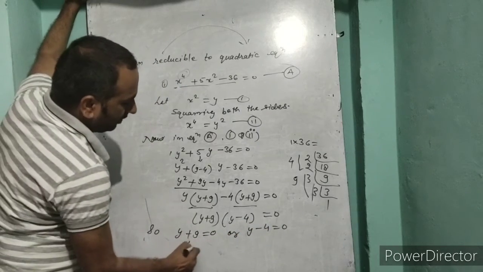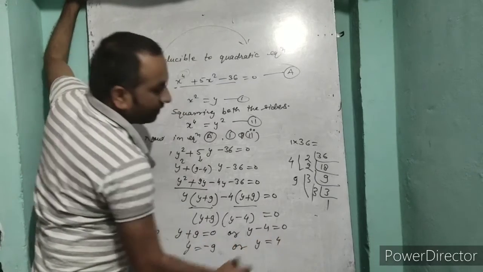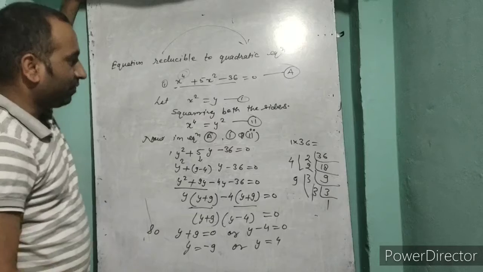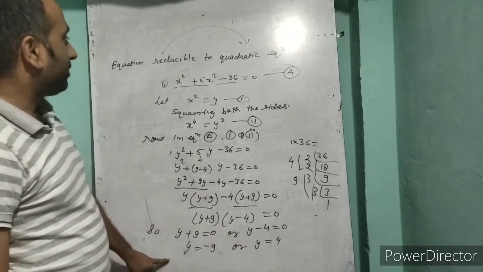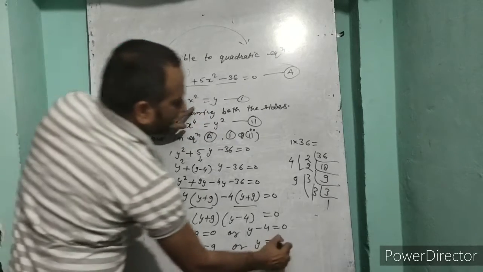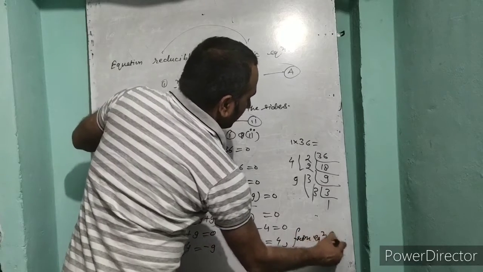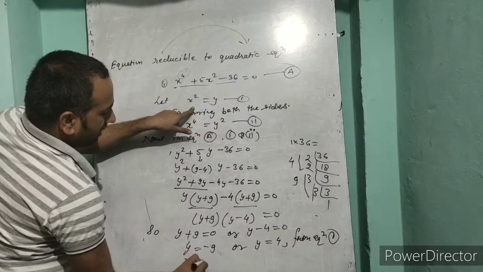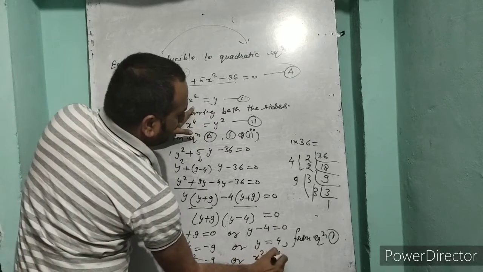Clear? So y is what? Minus 9, and here y is 4. Is it clear? So y is minus 9 and y is 4. So from equation first, what is y? y is x square. So from equation first, x square is equal to minus 9, or either x square is equal to 4.